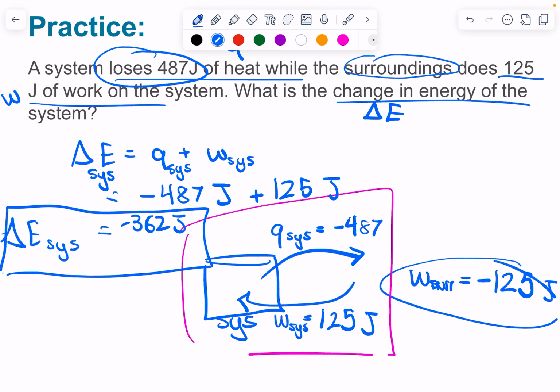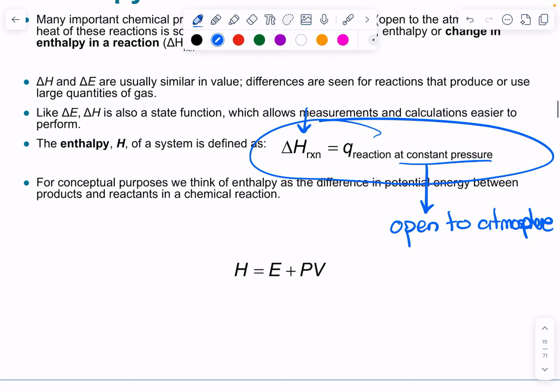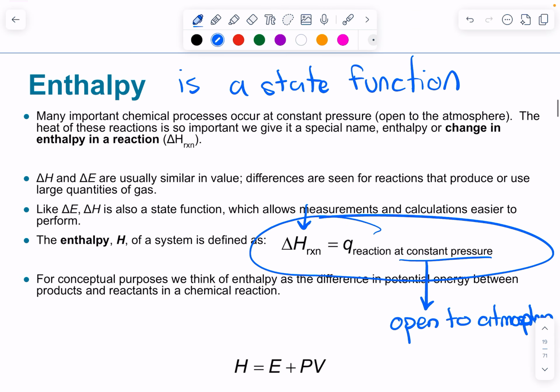But when we're using enthalpy, enthalpy is actually a state function. So if we know the starting enthalpy and the ending enthalpy, then we can just do enthalpy of the products minus enthalpy of the reactants.